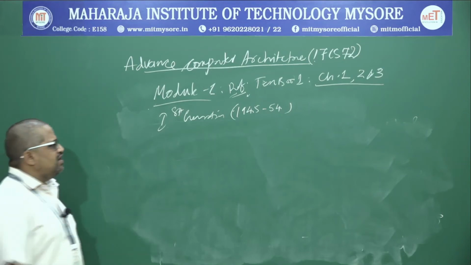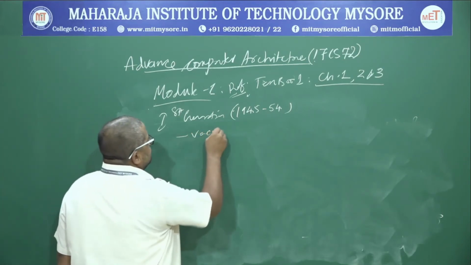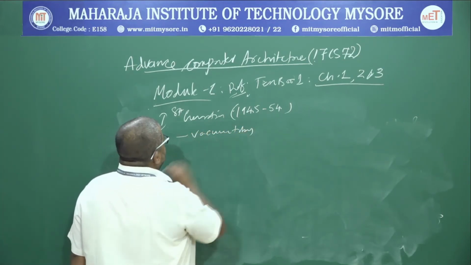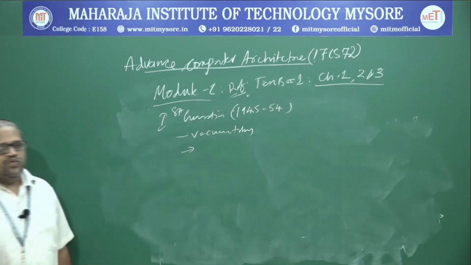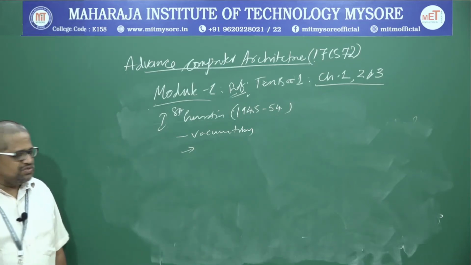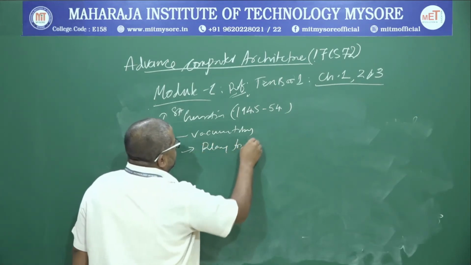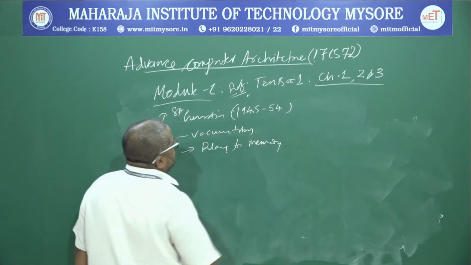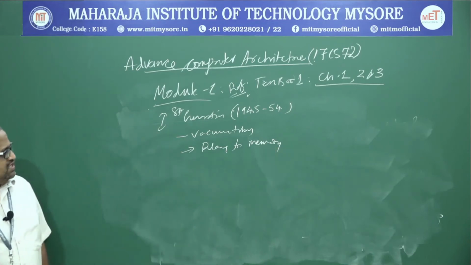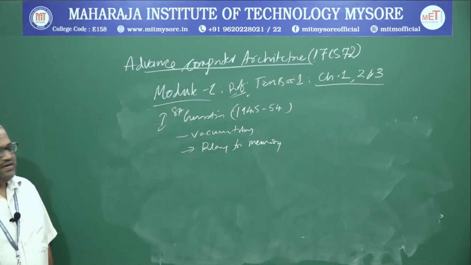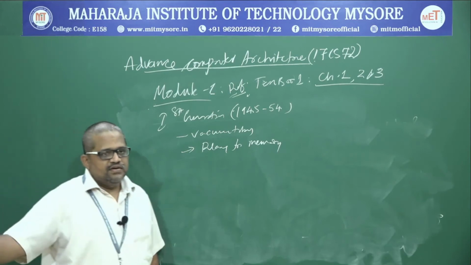The technologies available were vacuum tubes. They used relays for memory. So, these were the two major things in the first generation, clear.